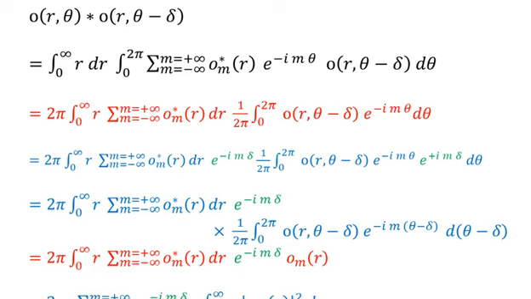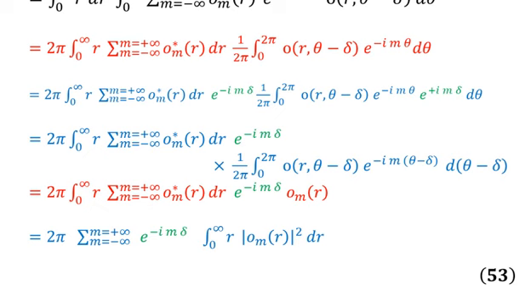So we can replace this integral with the value OM as a function of r. Now we have OM star and OM, so we can write it as the absolute square of OM, and then we can separate out the radial integral, that is an integral on the variable r.